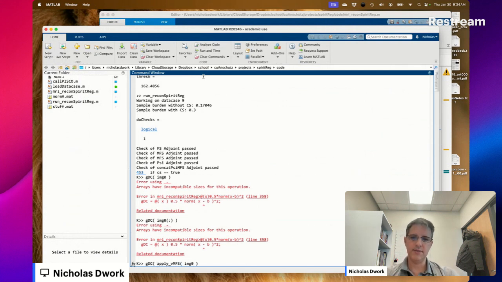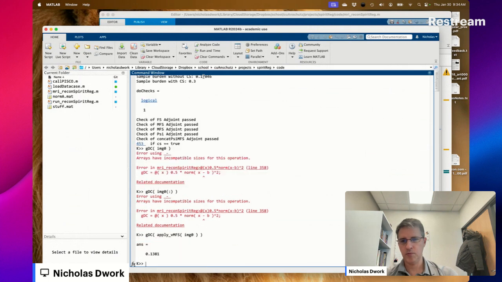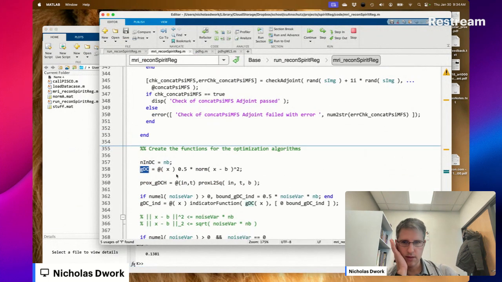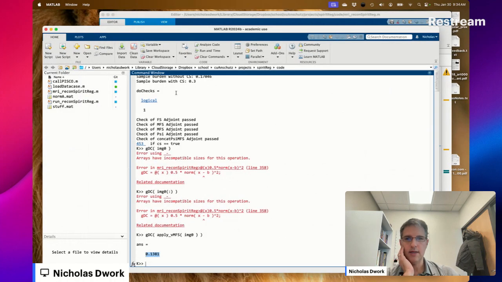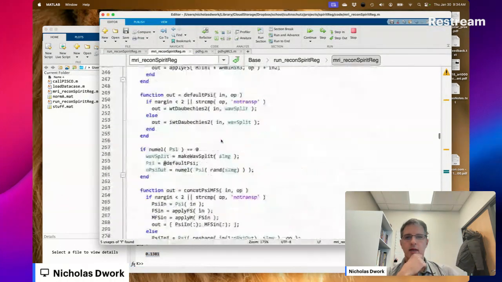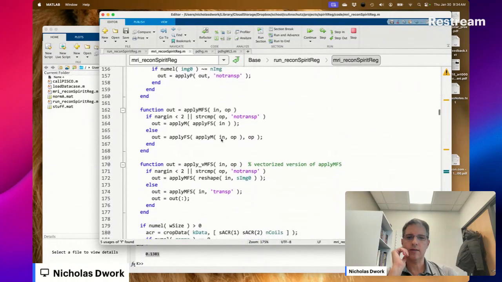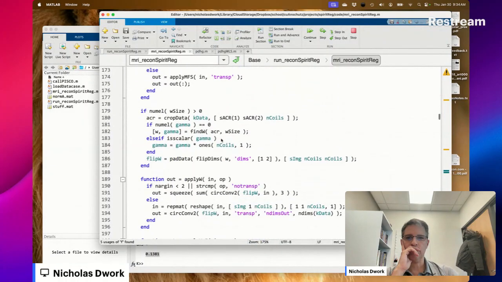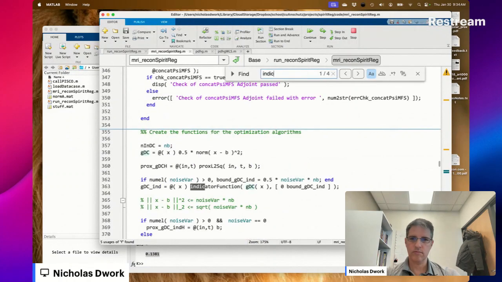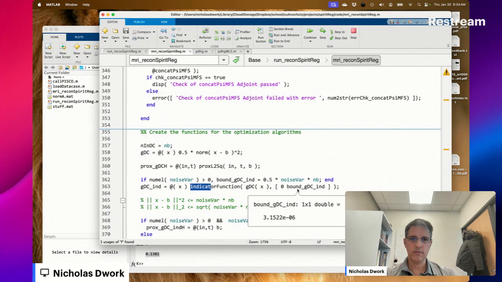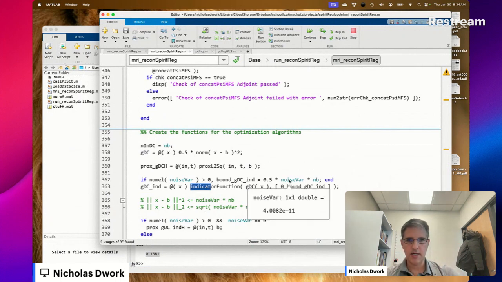What is GDC of MFS of image 0? 0.1381. Let's keep this number in mind, okay? Now, what's the bound of compressed sensing? Three times 10 to the negative 6, but this, of course, is... Okay, yeah.